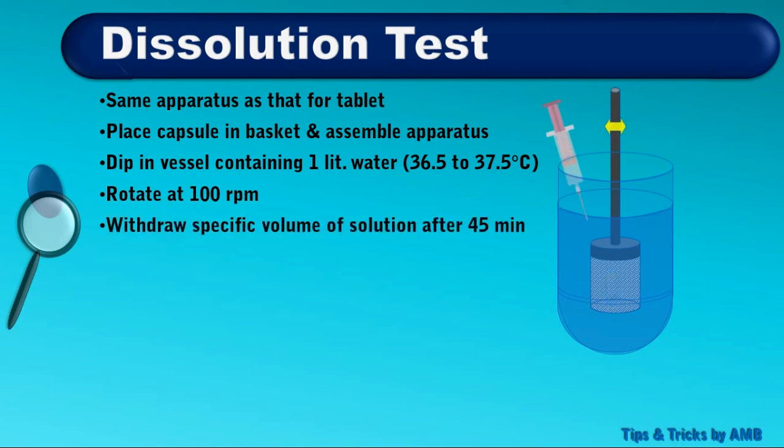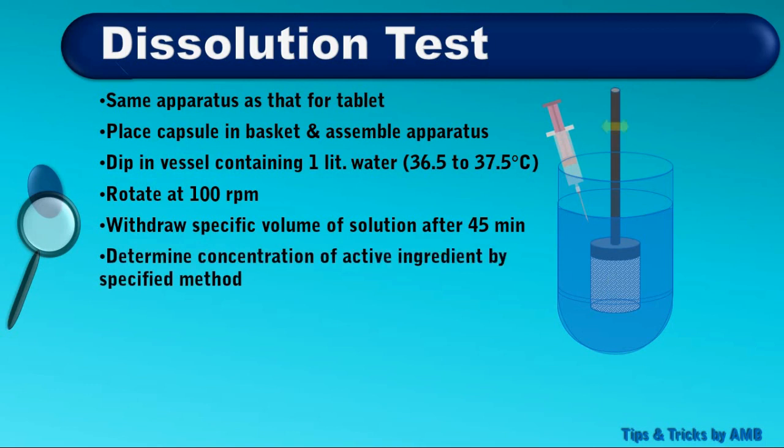Withdraw a specific volume of solution from the vessel after 45 minutes or the period which is specified in the monograph. Filter it and determine the amount of active ingredient present in the solution by the method specified in the monograph of that particular drug.